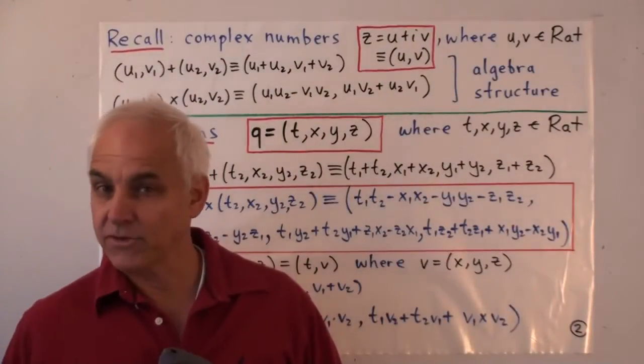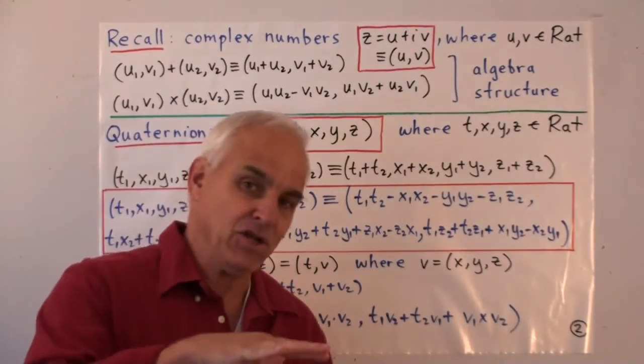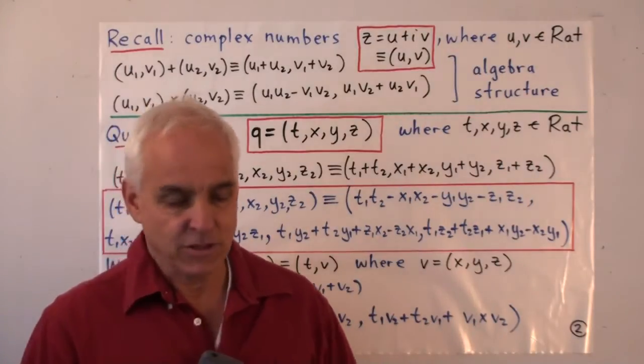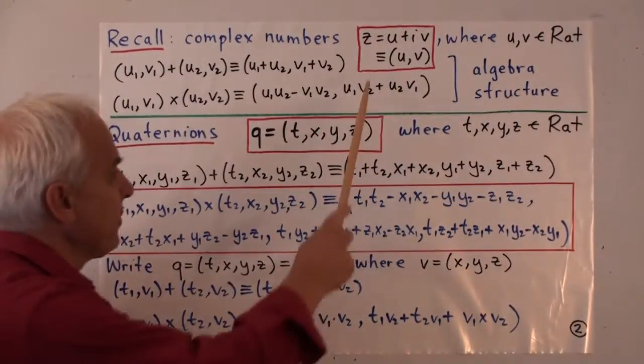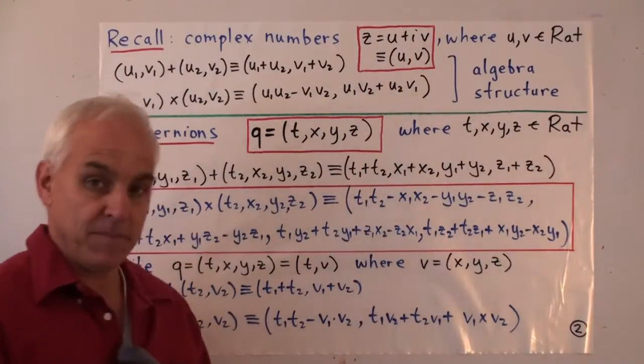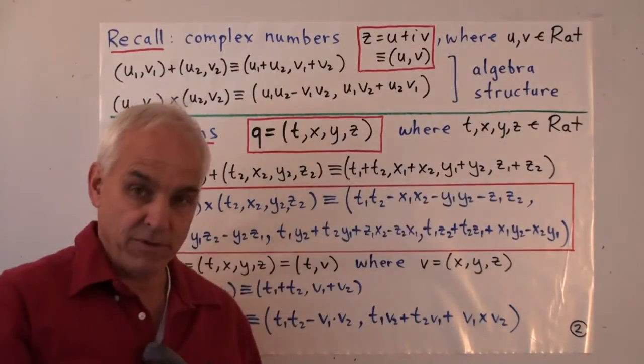We're going to start by introducing quaternions and the operations on them in analogy with complex numbers. So let me remind you that complex numbers are typically something of the form z equals u plus iv, where u and v are rational numbers.